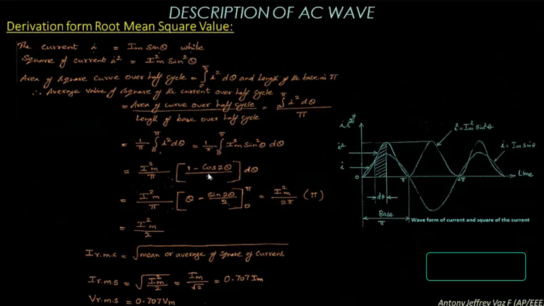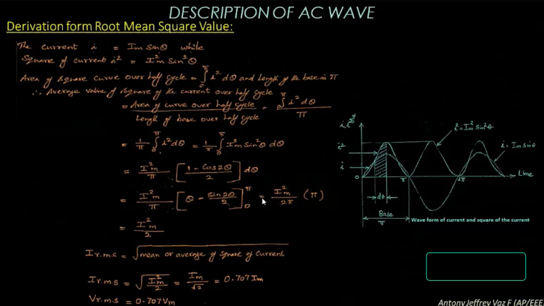After applying the formula, you can integrate (1 minus cos 2 theta) by 2 d theta for the limits 0 to pi. While integrating 1 with d theta, we will get theta. After that, while we integrate cos 2 theta divided by 2, we will get sin 2 theta divided by 2. For this, we need to apply the limits from 0 to pi.